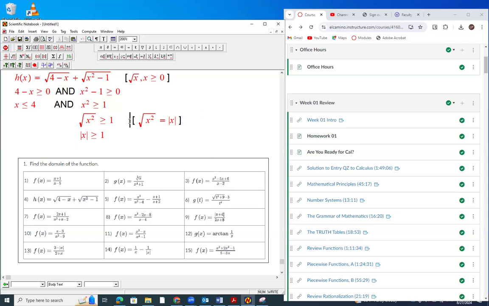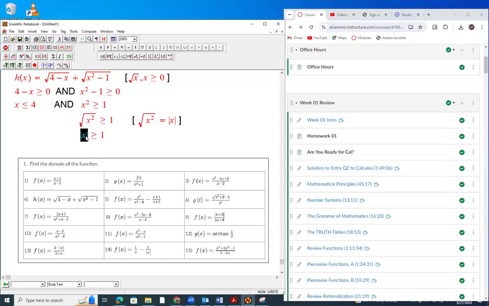The Solution to Entry Level Quiz is nearly 2 hours long, but it covers so many common mistakes in calculus. I'm going to leave that for you.